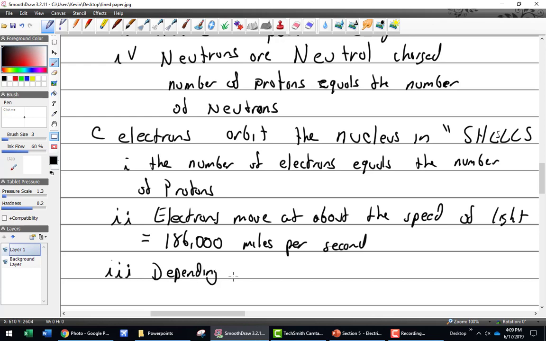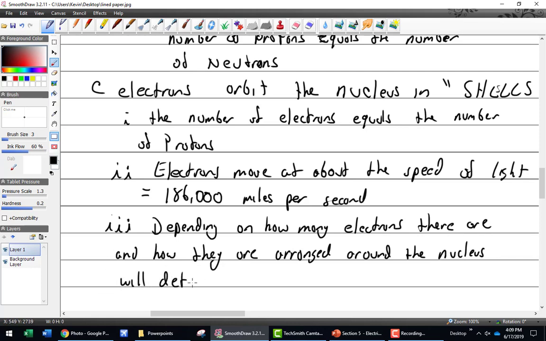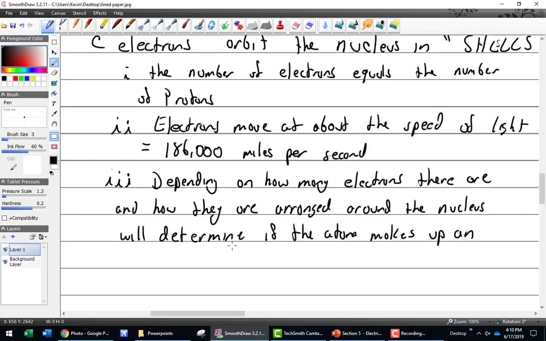Depending on how many electrons there are, and how they are arranged around the nucleus, will determine if the atom makes up an insulator or a conductor.